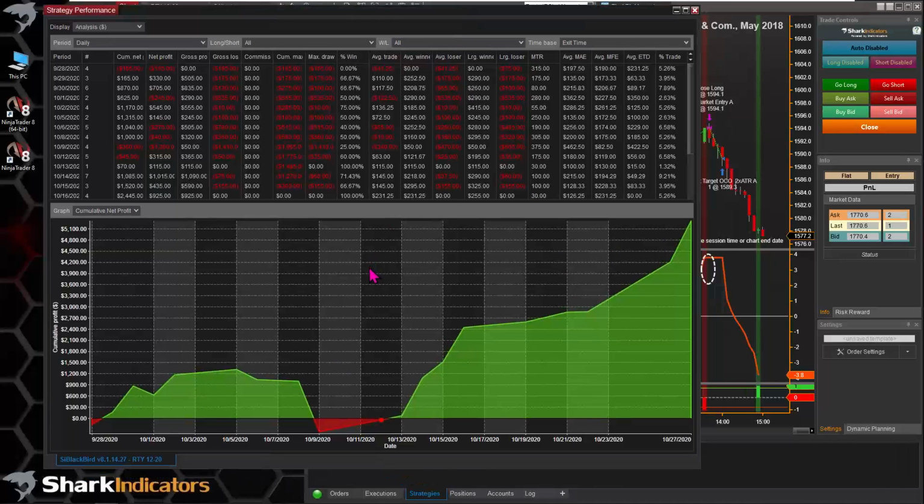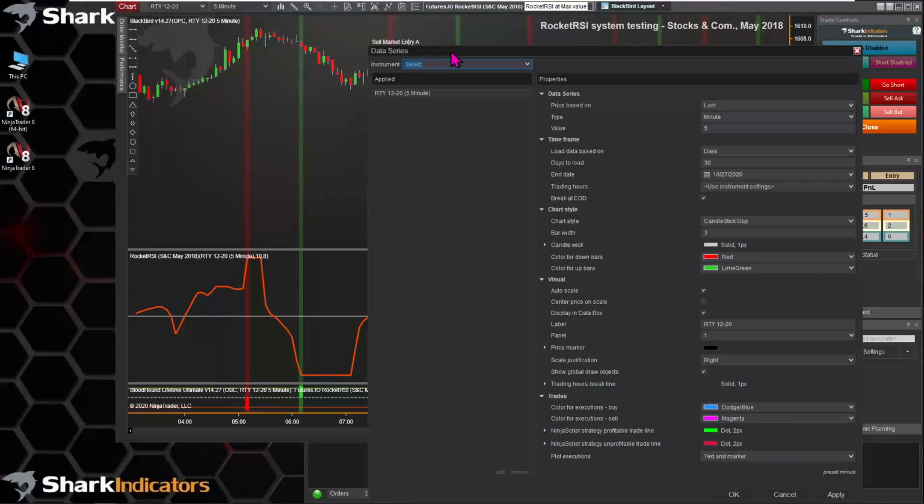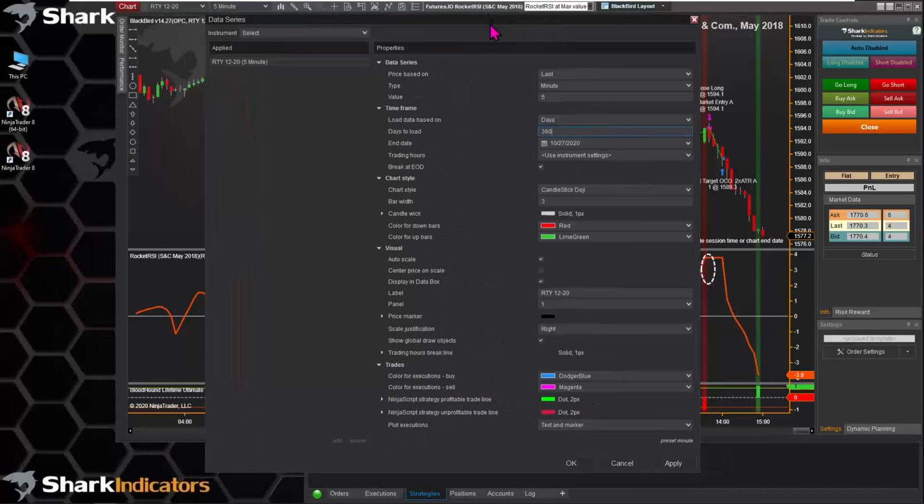At some point, you're going to be satisfied with backtesting on some short data, and eventually what you're going to want to do is backtest as much data as you have on hand. Most data feeds should be able to provide you at least 1 year of data, so that's what we have.